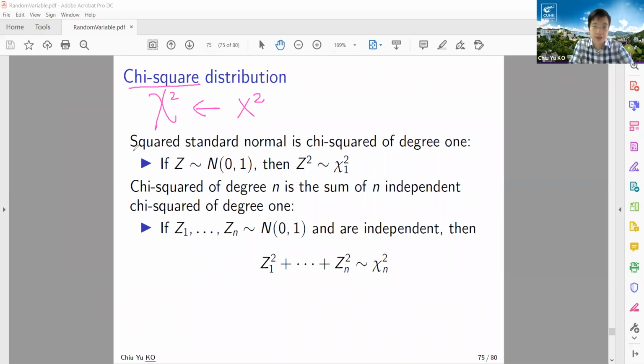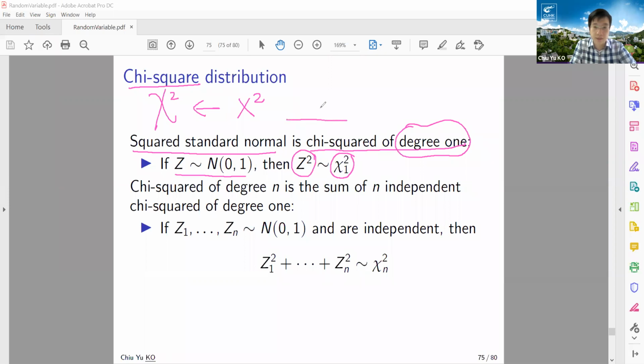So what we have is a squared standardized normal. It's a chi-square 1. This is something like degree 1, something new to you. If Z is the standard normal, its square will become chi-square 1.